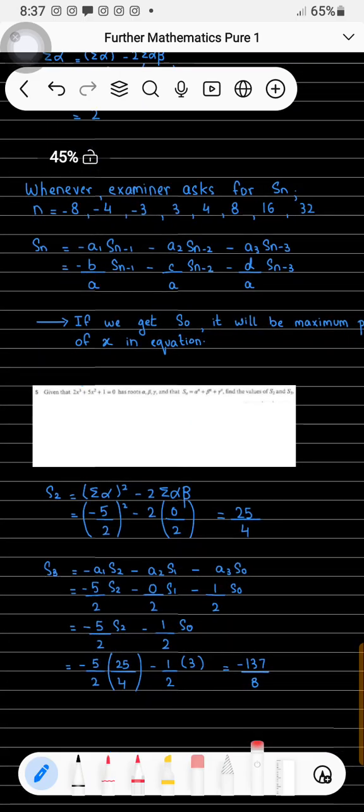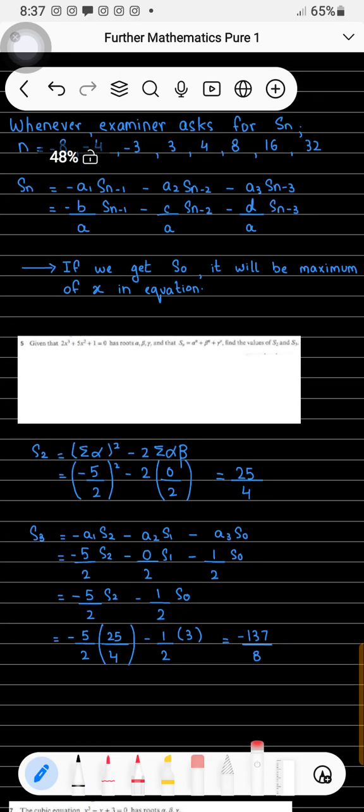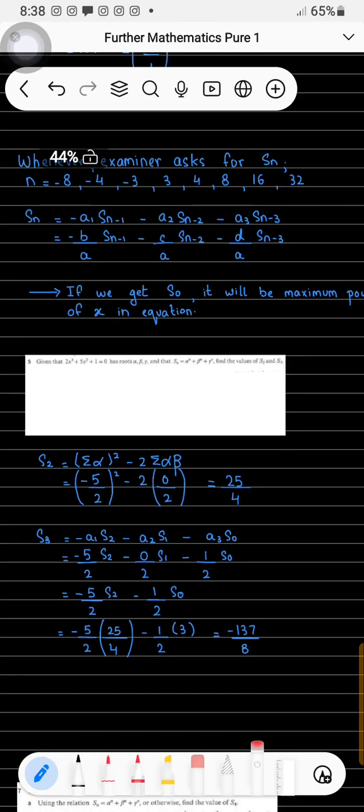For example, we solved this question, and the final formula became negative 5 upon 2 S2 minus 1 upon 2 S0. As this is a cubic equation, the maximum power of x is 3, so S0 is 3, and we got our correct answer. I hope you get the whole idea, and in the next video we will do a few more questions.